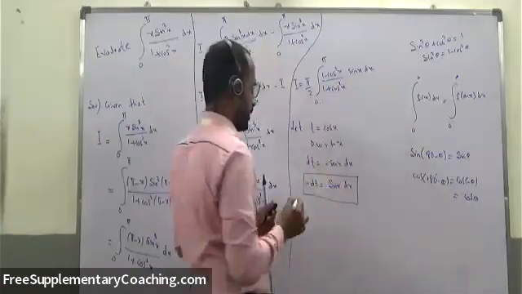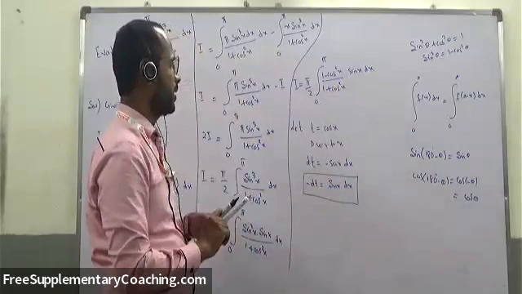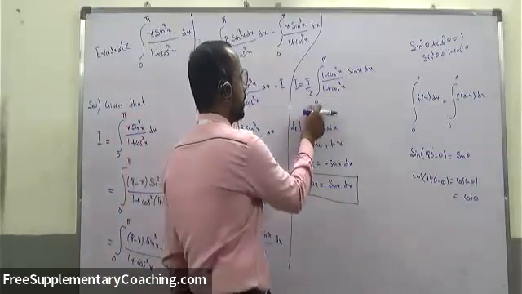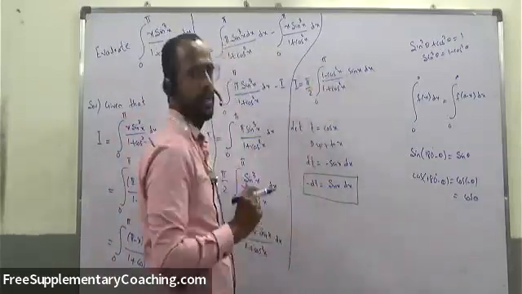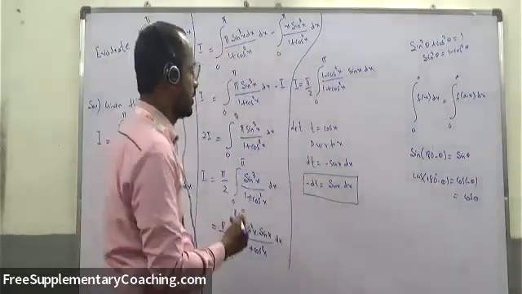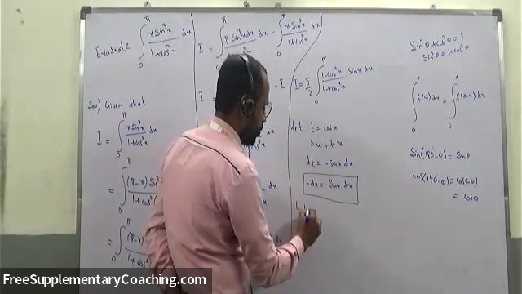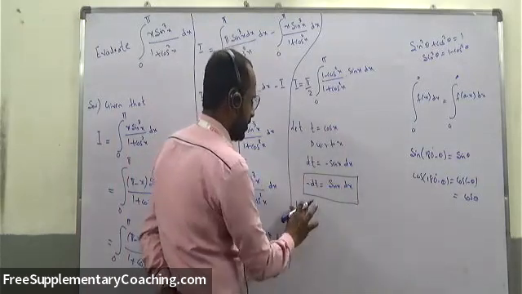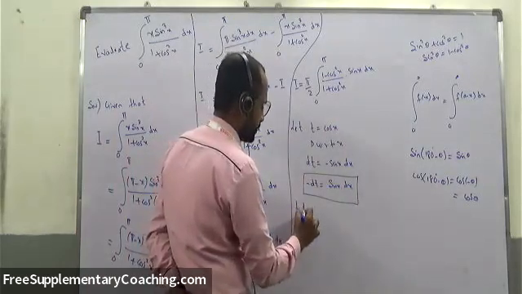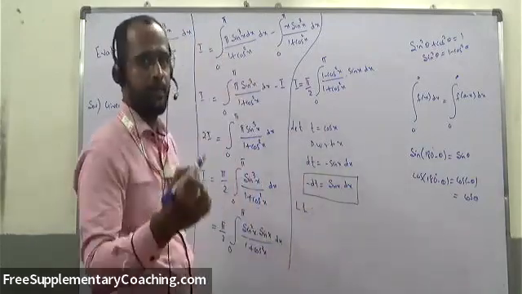One important work is completed. Now we are having two limits, lower limit and upper limit. How to convert that? Look here. LL means lower limit, UL means upper limit.